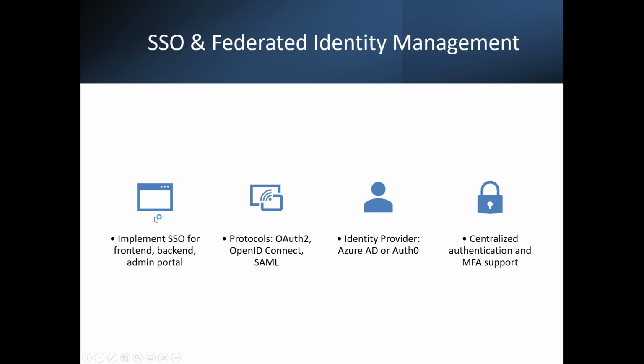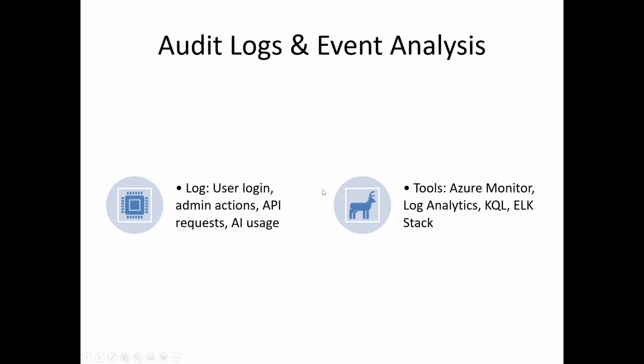The front-end app and API are secured with JWT tokens, and these tokens are validated by backend services using Microsoft identity libraries. Lastly, we can enable policies like multi-factor authentication and conditional access, which is one extra layer of security.